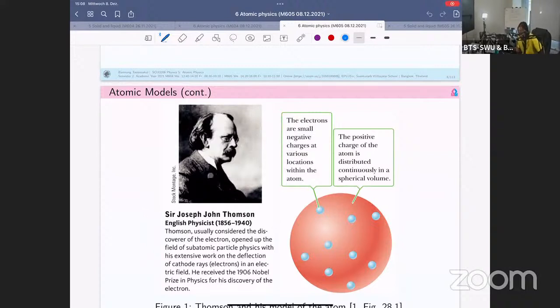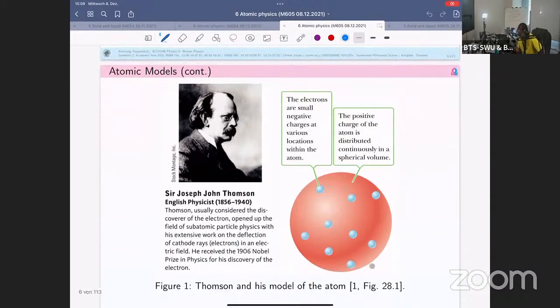What he suggests is the following: we have a solid volume, a solid sphere, and you have several tiny pieces, the electrons, embedded inside this sphere, this watermelon.